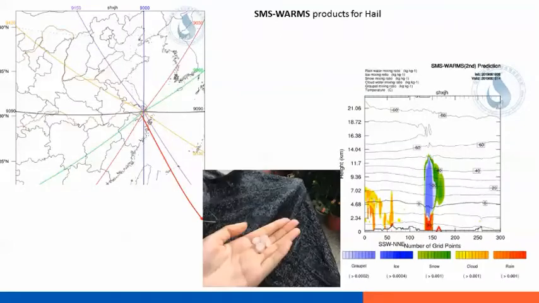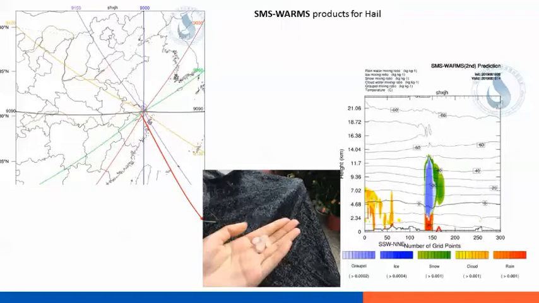The middle image shows us the hail fall in Songjiang, located in the southwest of Xujiahui, so we choose the vertical distribution of hydrometeors in the green line direction, where the hail reached the surface. Look at the right image in detail. The light blue represents graupel, the blue represents ice, the green represents snow, the yellow represents cloud, and the red represents rain.